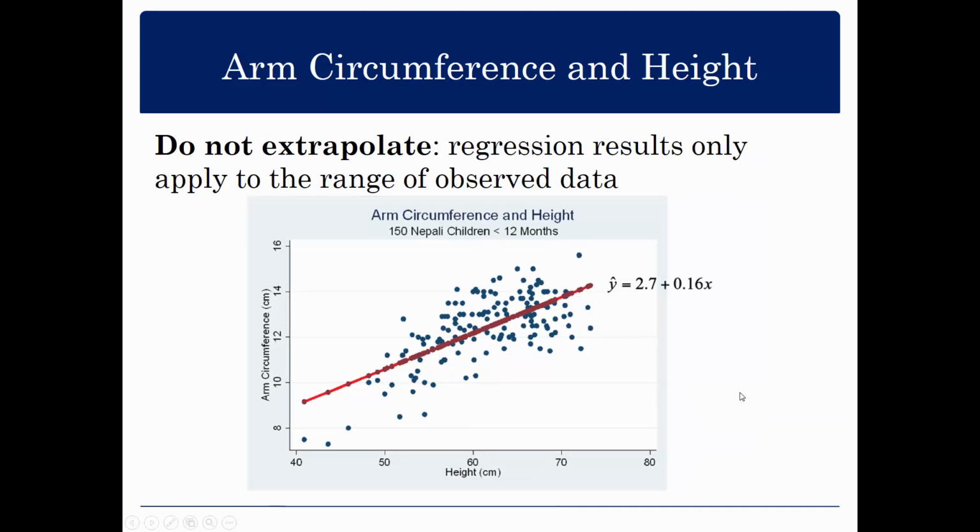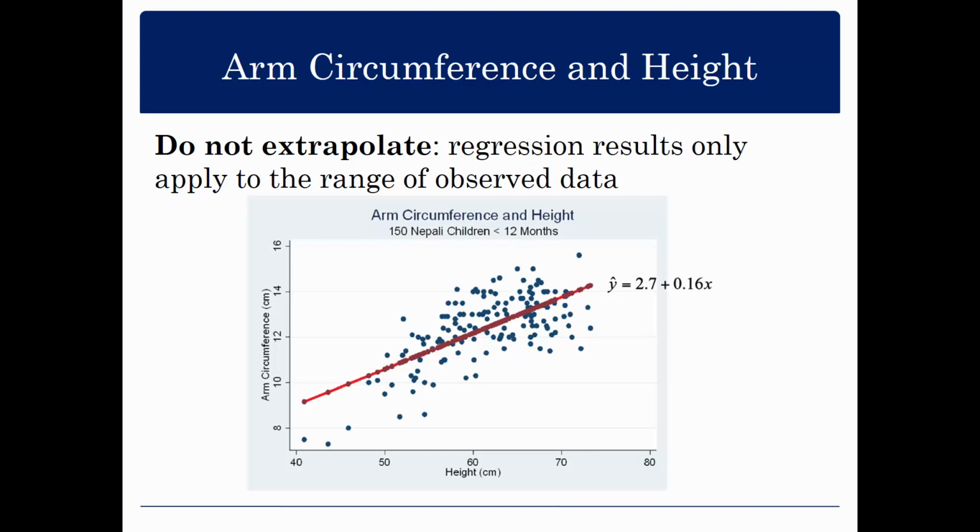The key here, though, is we cannot extrapolate when we use regression methods. Our results from a regression only apply to the range of the observed data. So in other words, what would happen if I extended this study to children who are older than 12 months?